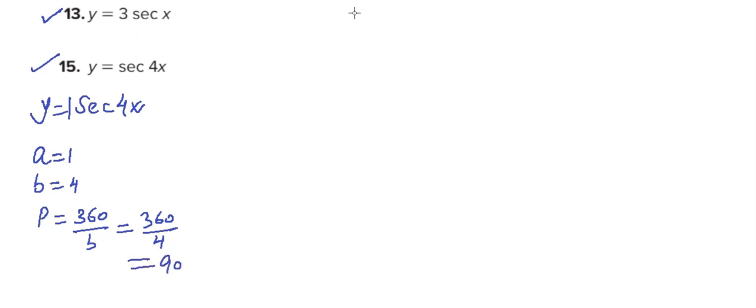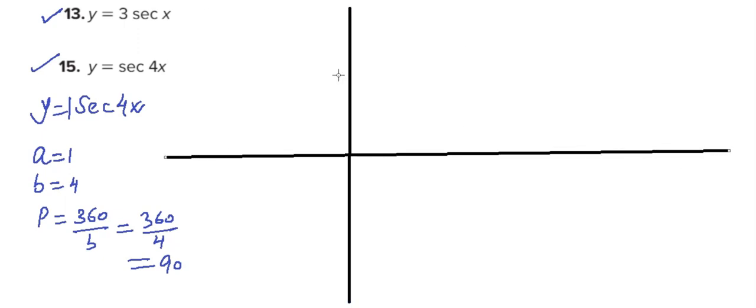Same, we will draw this graph. This is the y-axis, this is the x-axis, and then divide 90 by 4. If you divide 90 by 4, it will be 22.5. So 22.5, then plus 22.5 is 45, then this number, and 45 plus 22.5 is 67.5, and the next number is here.